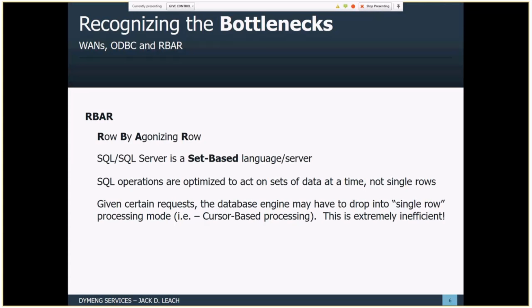This is so inefficient that it has been named row by agonizing row, because it's really not a position that we want to force our server into. As we work through this presentation, we will look at some ways to make sure that we do not do this, and some other ways that we can actually do it fairly safely.